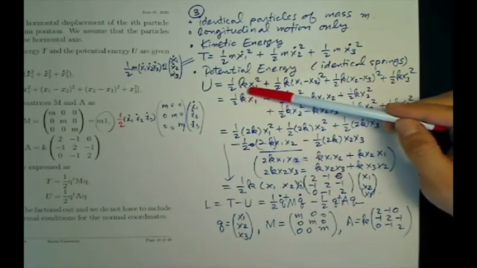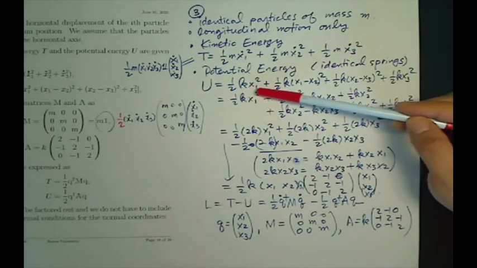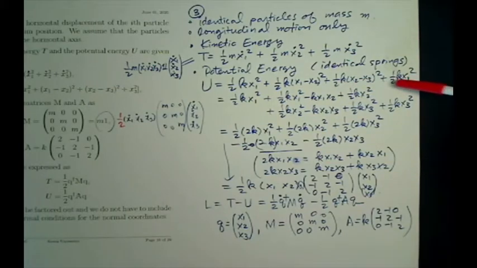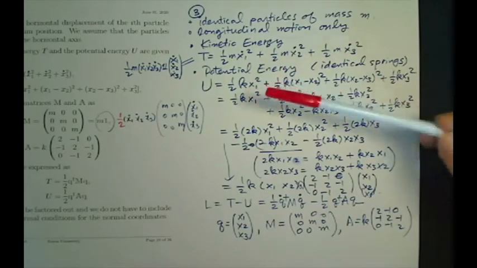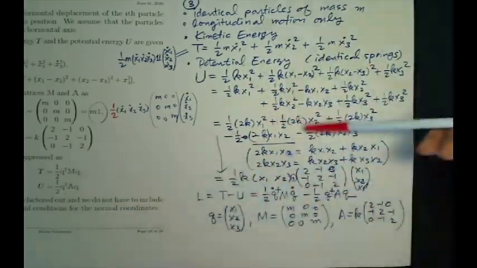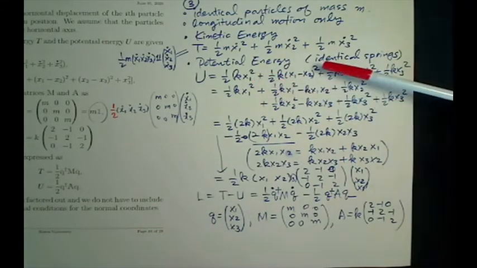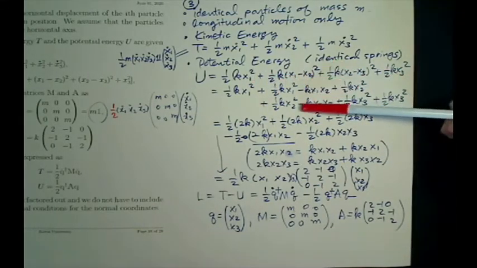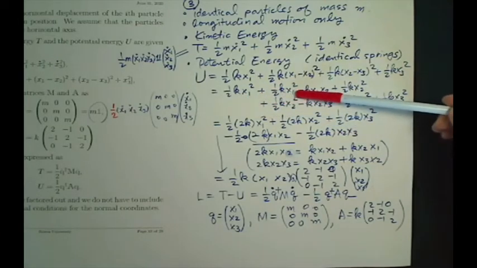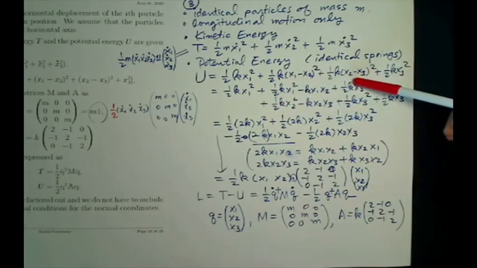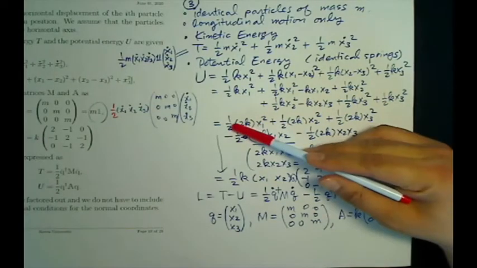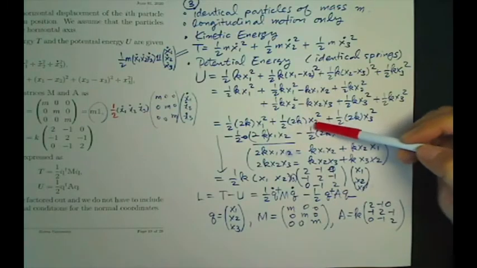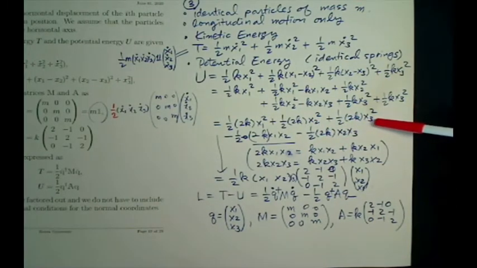And the potential energy was the sum of these four pieces that contain the distortion from the original length. If we expand all these squared pieces, we have 2k x1 squared, 2k x2 squared, and 2k x3 squared, therefore 1/2 times 2k x1 squared, 2k x2 squared, and 2k x3 squared.